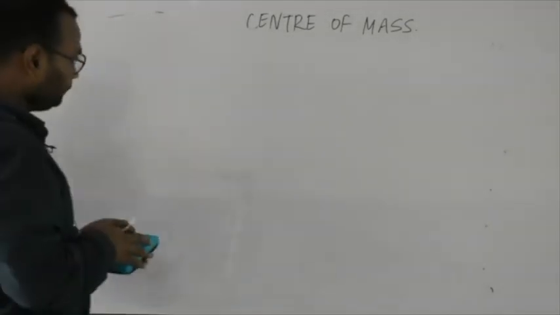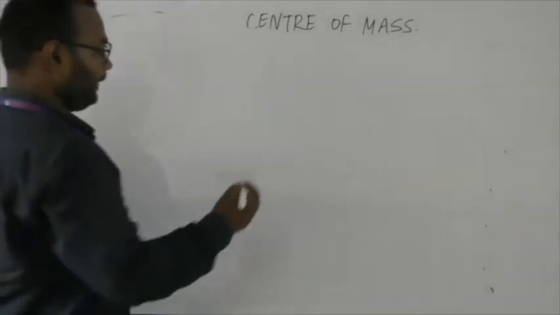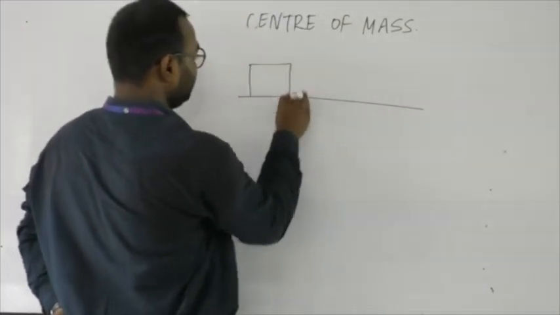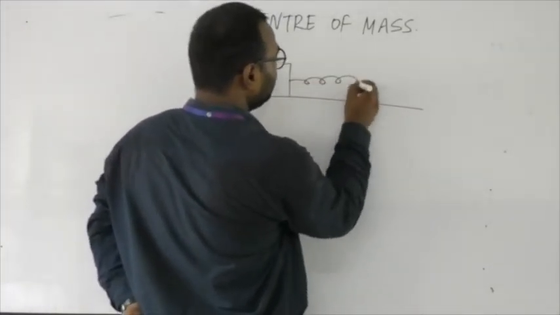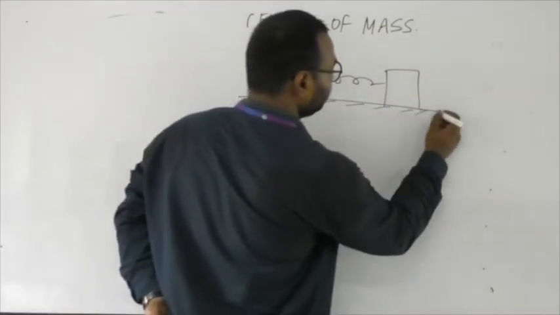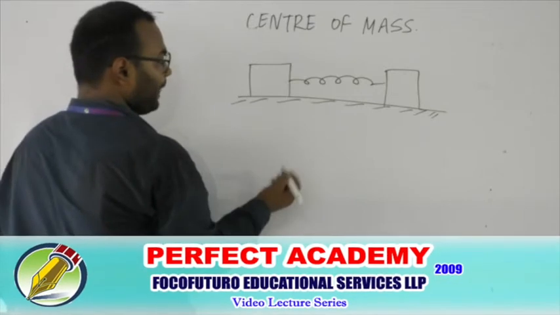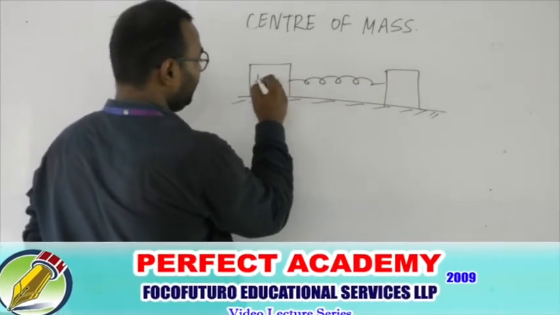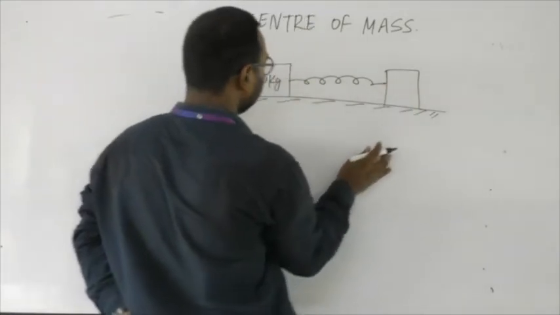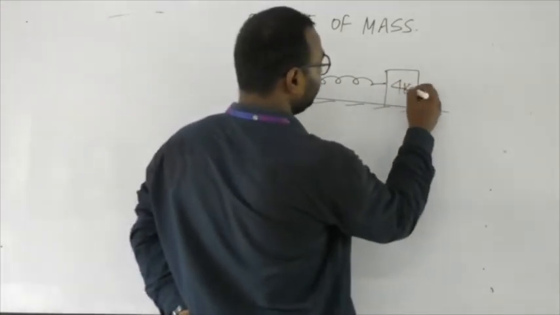Let's take one more spring block problem. Suppose two blocks are connected with a spring. One block has a mass of 10 kg and the other has a mass of 4 kg.